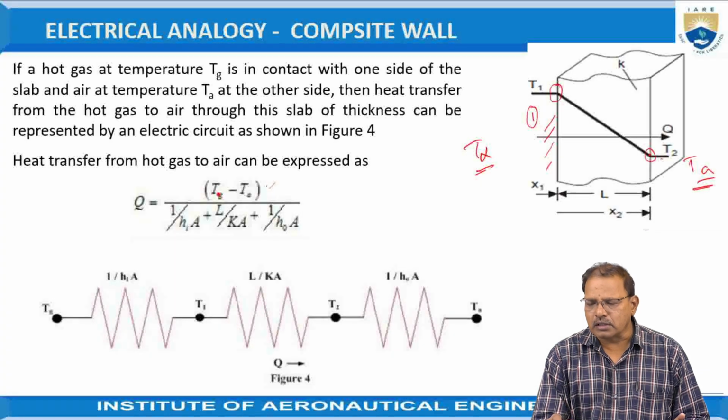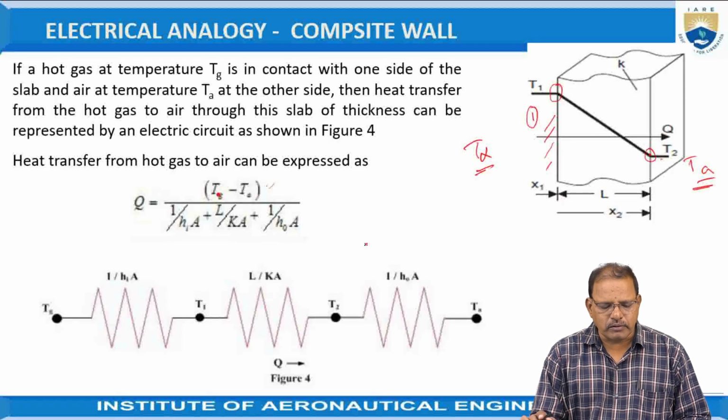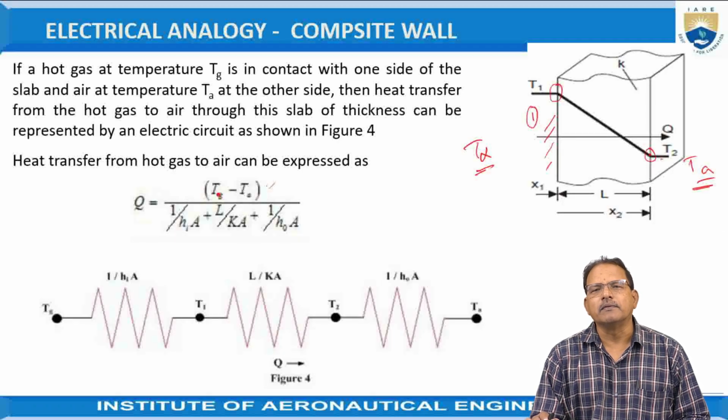This term 1 by H_i A is known as the thermal resistance offered by convection between the hot fluid and the inner surface of the block.